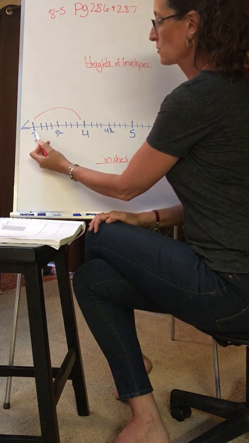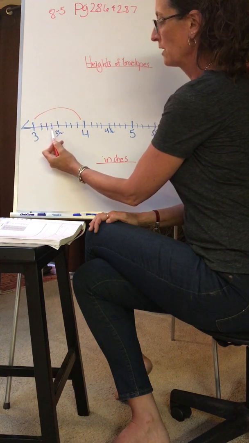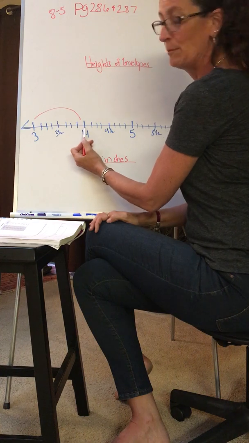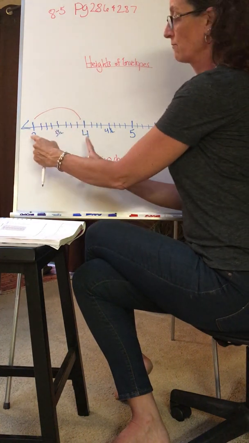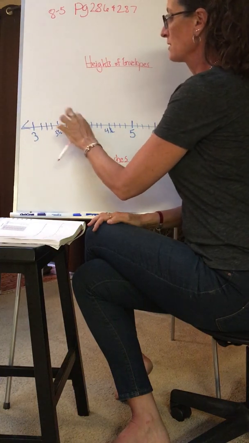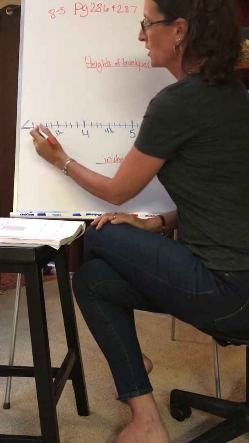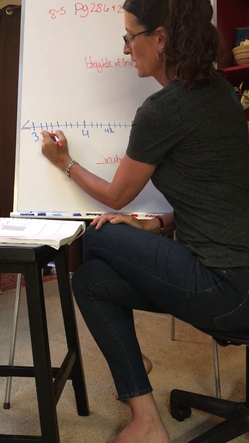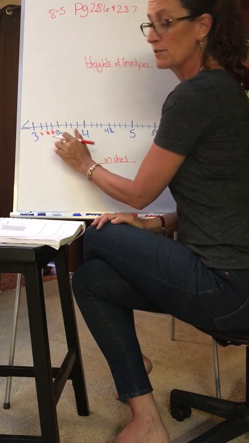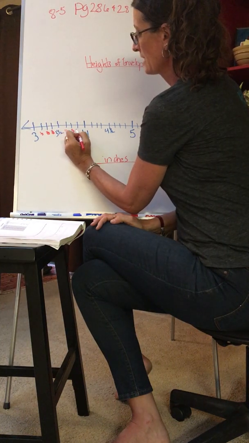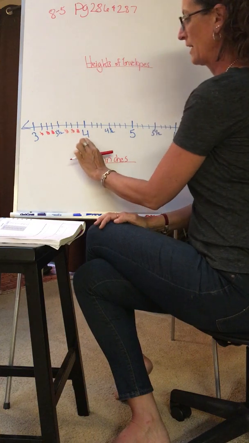There's 1, 2, 3, 4, 5, 6, 7, 8 pieces in one whole jump. So I know these marks are in eighths. I'll label those 1/8, 2/8, 3/8, a half is 4/8, 5/8, 6/8, 7/8, and then there's my 8/8.